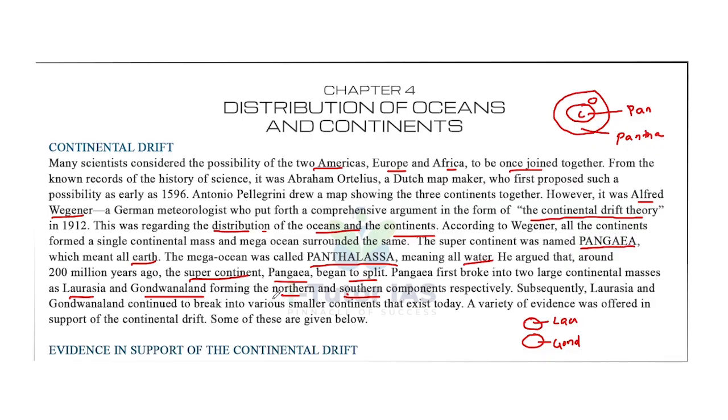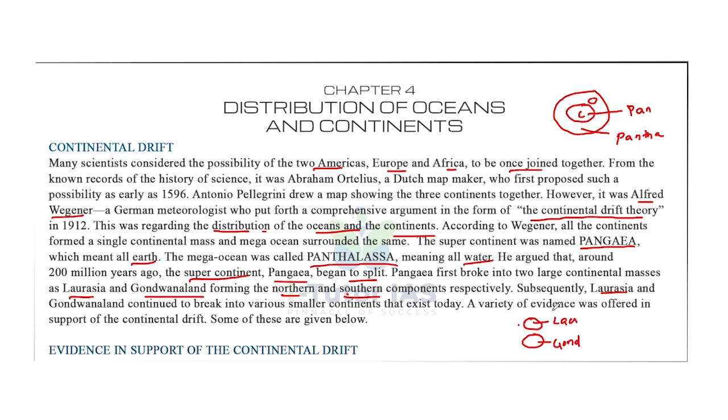Laurasia is in the north and Gondwana land in the south. Subsequently, Laurasia and Gondwana land continued to break into various smaller continents that exist today.